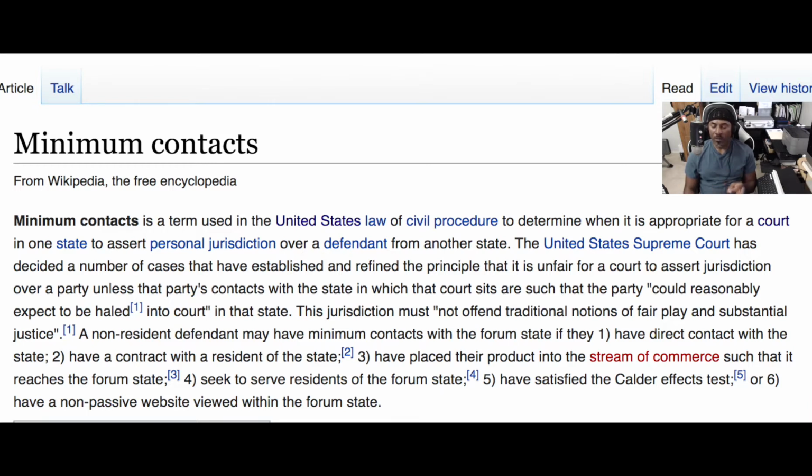A non-resident defendant may have minimum contacts with the foreign state or with the forum state if they: 1, have direct contact with the state; 2, have a contract with a resident of the state; 3, have placed their product into the stream of commerce such that it reaches the forum state; 4, seek to serve residents in the forum state; 5, have satisfied the Calder effects test; or 6, have a non-passive website viewed within the forum state. Okay.